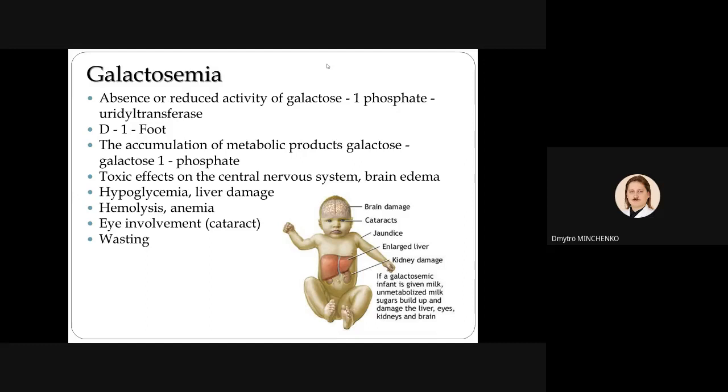The accumulation of metabolic products such as galactose 1-phosphate has toxic effects on the central nervous system: brain edema, hypoglycemia, liver damage, hemolysis, anemia, eye involvement such as cataract, and of course, general wasting. For galactosemic infants given milk, unmetabolized milk sugars build up and damage the liver, eyes, kidneys, and the brain.